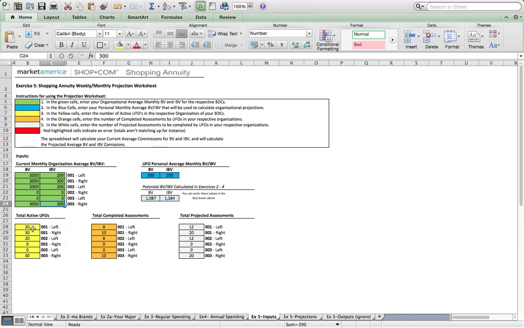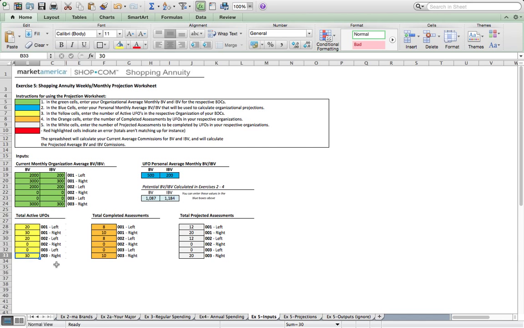Then what you're going to do is identify how many active people you have on the left and right side of your business. We're going to do the same thing. So how many people do you have on your left? I put 20 for this example. How many do you have on your right? And then we're going to do the same thing, that the left of my 1 is also the left of my 2. So I put the same number. And then the right of my 1 is also the right of my 3.